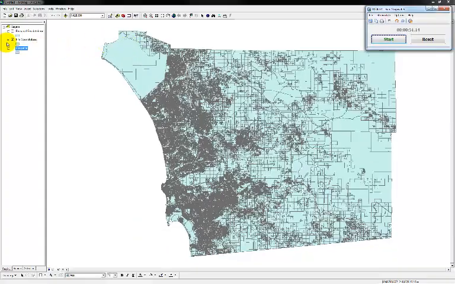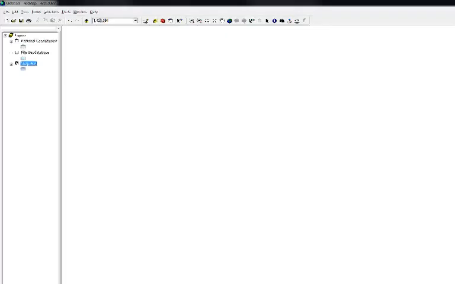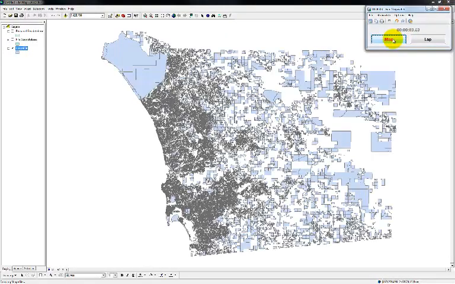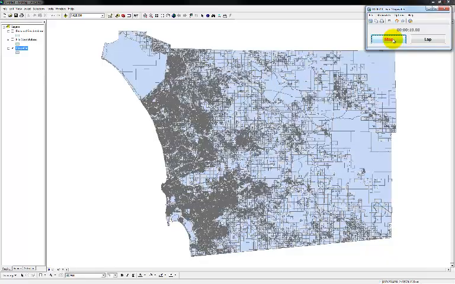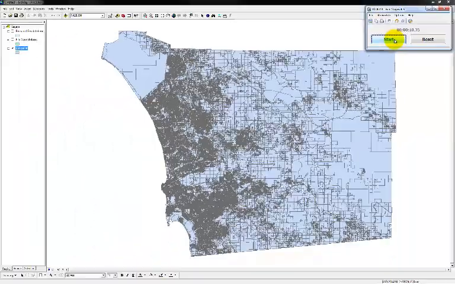And our last one will be the shapefile. Reset the clock, pick the shapefile, and start the render. Okay, and our shapefile was 10.35 seconds, so it's considerably faster.